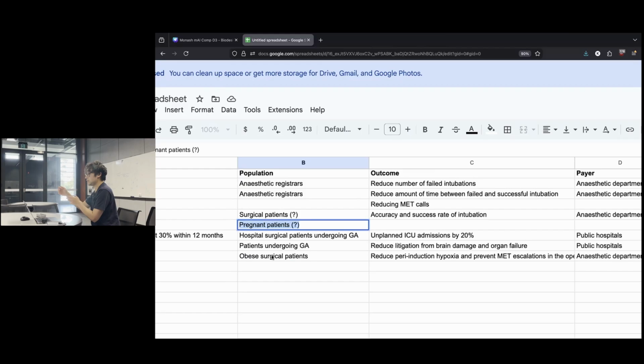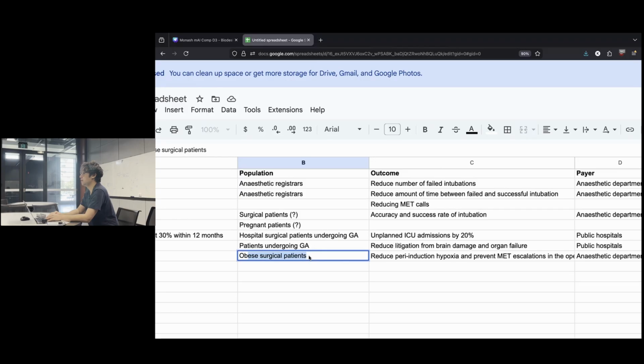I'm sure there's research saying that if your BMI is above 30 or 35, your intubation failure rate skyrockets, because it's just so hard to shove something down. And I wonder for pregnancy, I actually don't know what the rate of failed intubation in pregnant patients is. So you need to think carefully about this and ask the hard questions, like, even in obese patients, how can you break that down further?